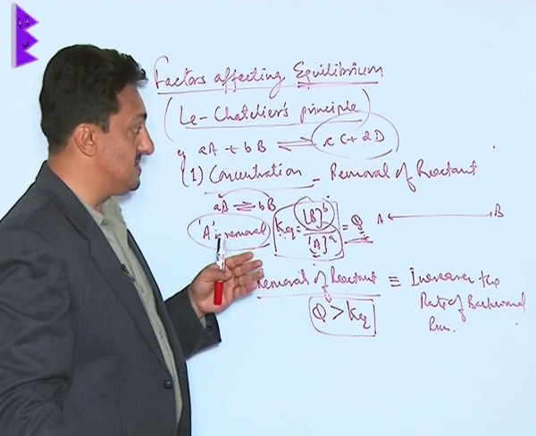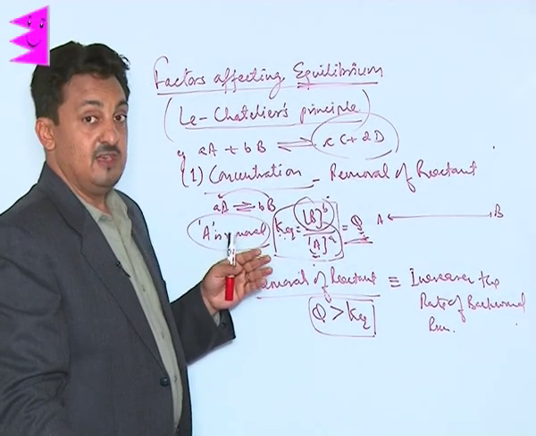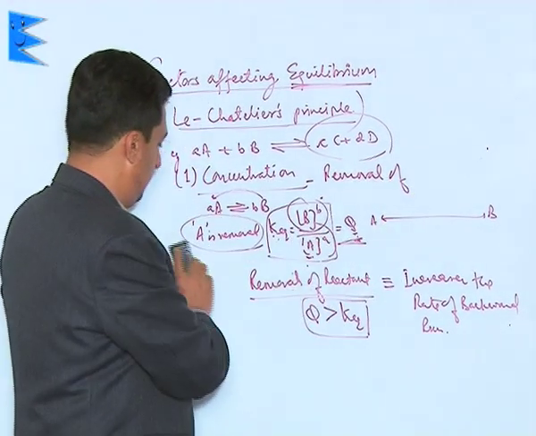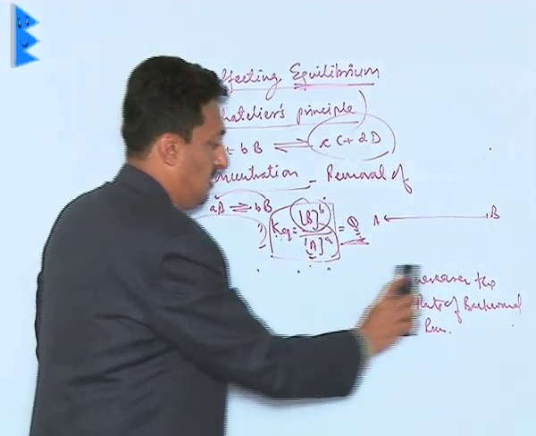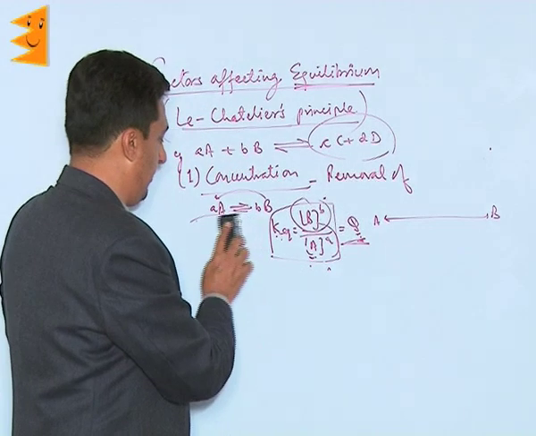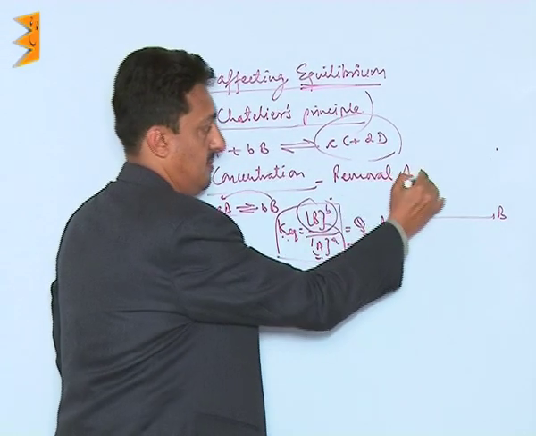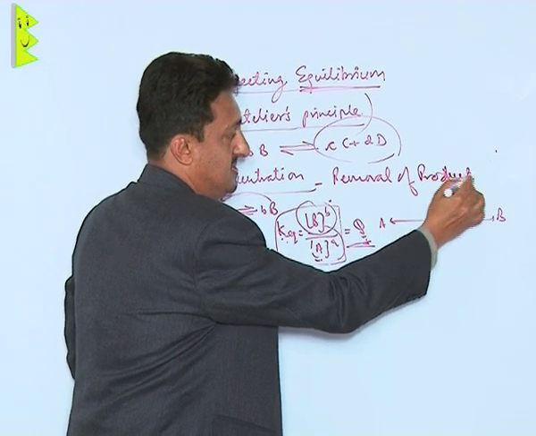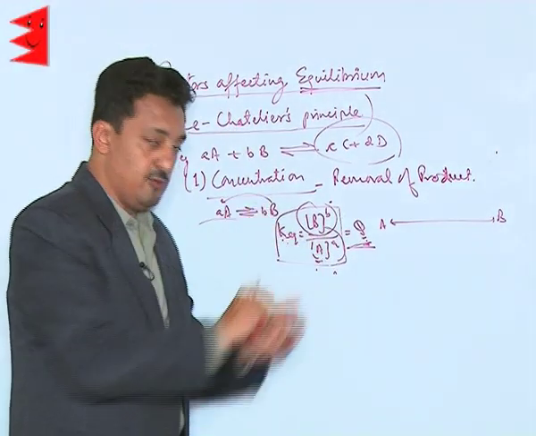Now let us see what happens when the removal of the product is done. If in this system, suppose B is removed.